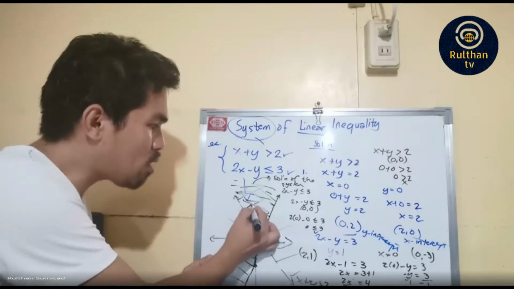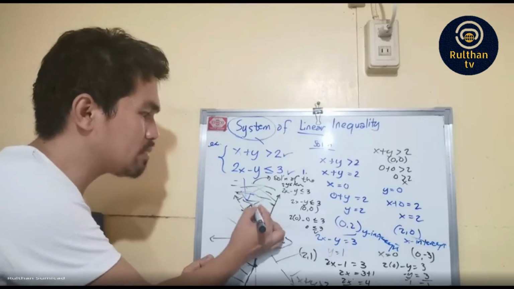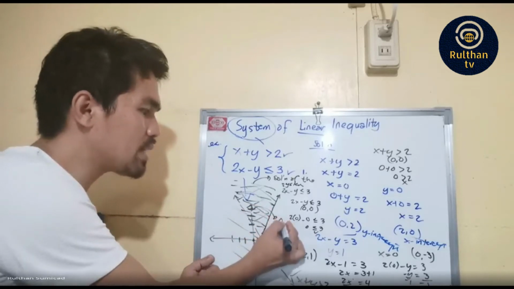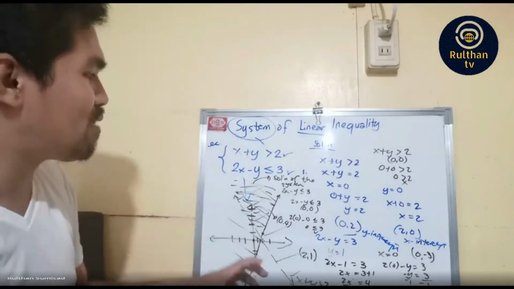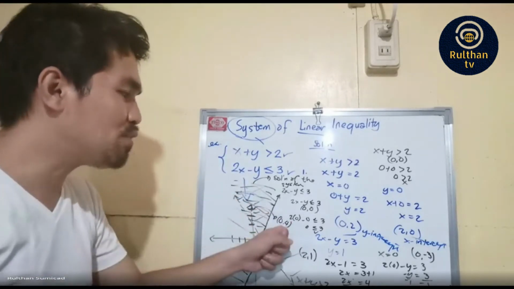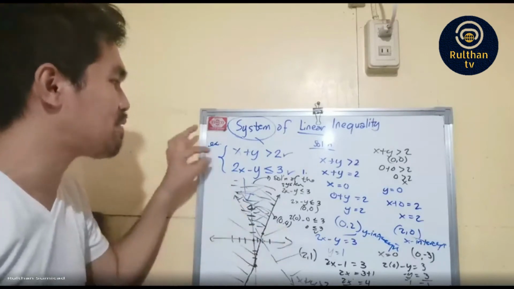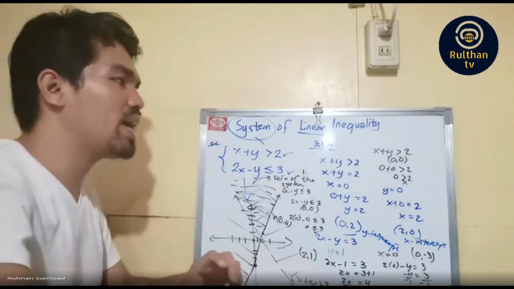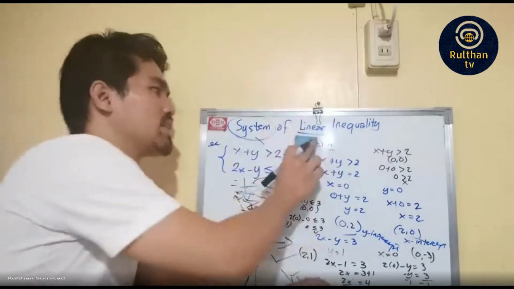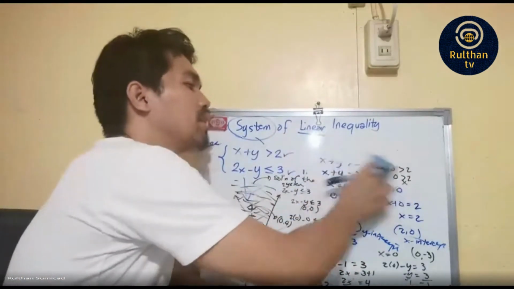Now, just to prove to you that that is a solution, let's take, this is 1, 2, 3, 4, I'm going to pick this coordinate here, which is 0, 4. Surely it falls on the colliding section of our solution set. Now, let's test whether this will satisfy both inequalities. Otherwise, our answer is wrong.